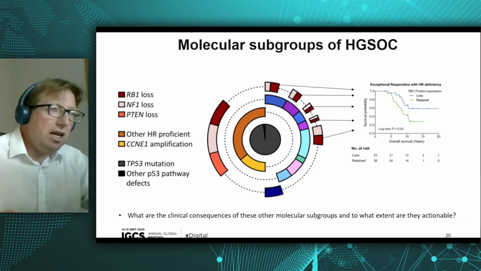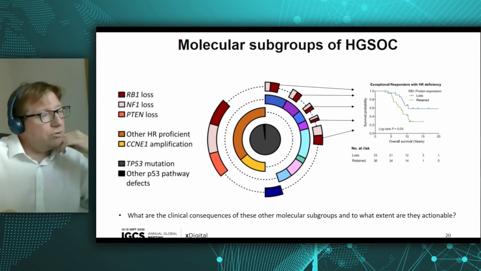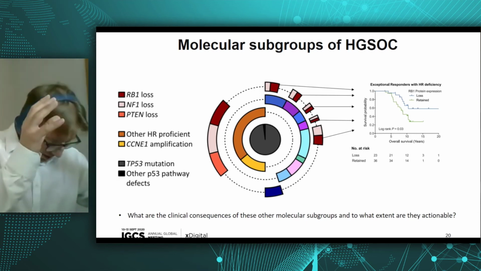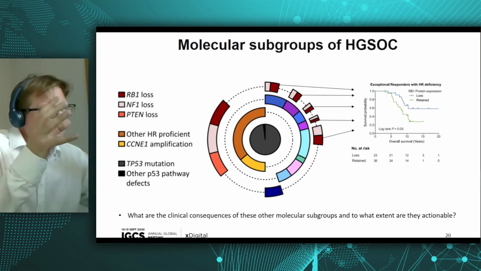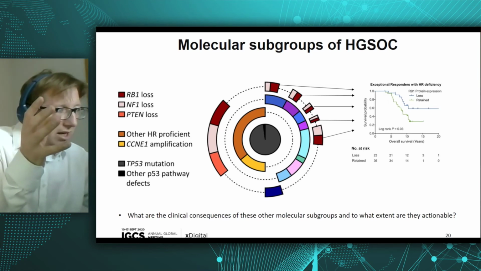And when she looked at exceptional responders in high-grade serous ovarian cancer, most of those had HR deficiency. But she showed that loss of RB1 protein significantly predicted that the patients would do even better than the patients who were HRD but had retained RB1 protein. So there's clearly additional levels of complexity here that we don't understand.